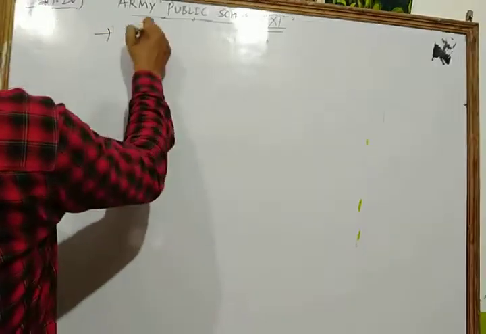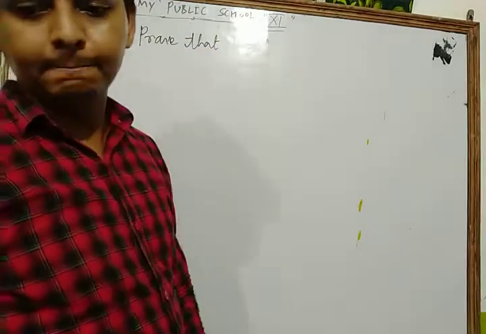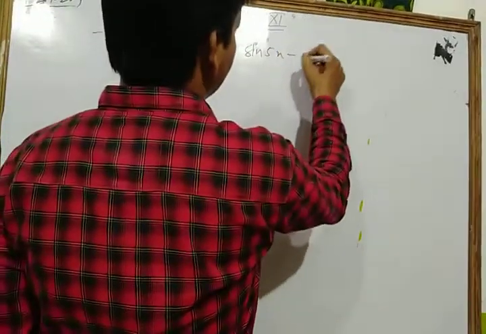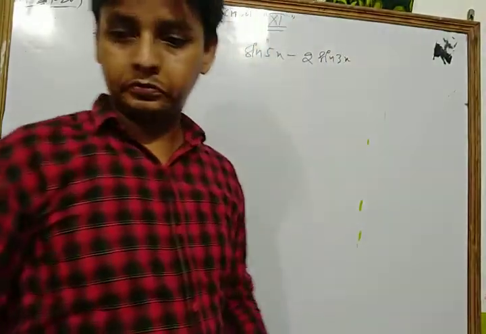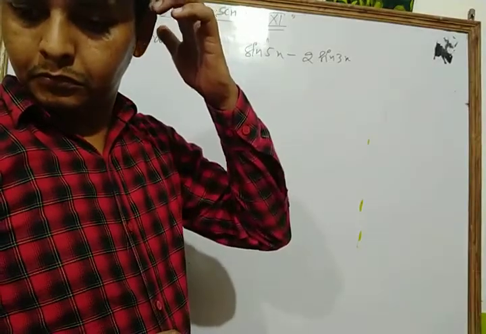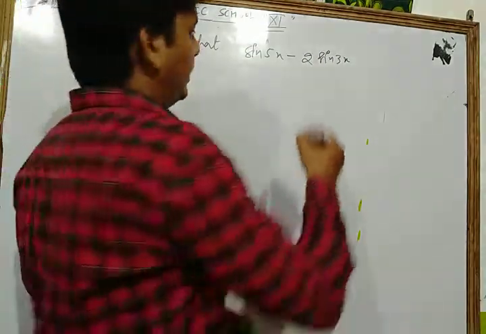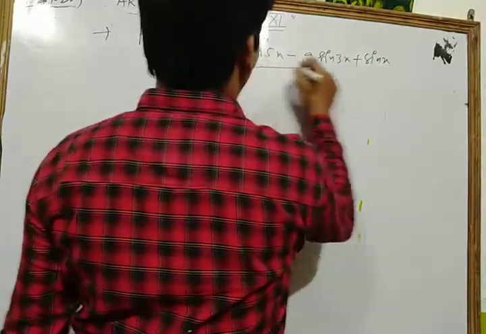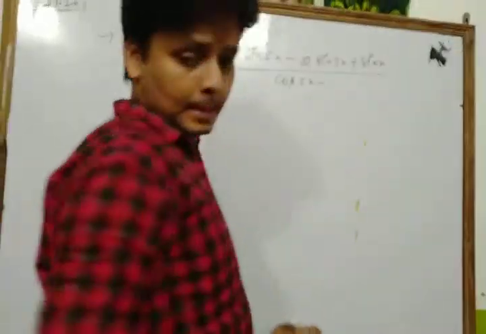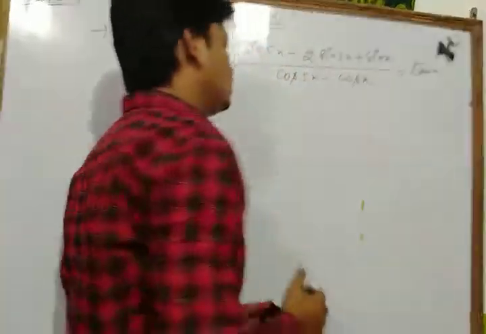Prove that sin 5x minus 2 sin 3x plus sin x upon cos 5x minus cos x is equal to tan x.